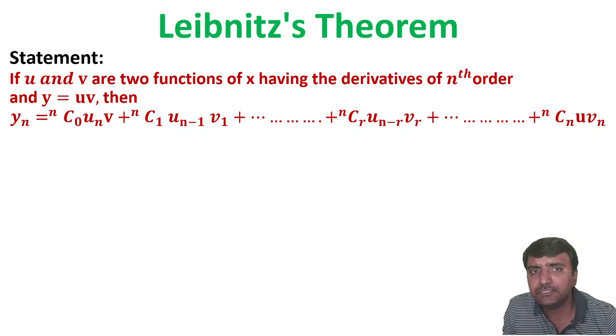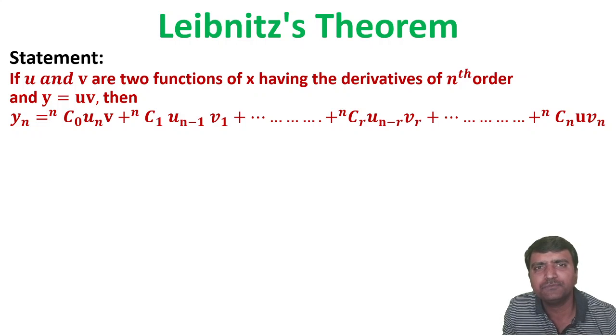After that we assume that the result is true for n equal to m. By assuming that, we prove that the result is true for n equal to m plus 1. If the result is true for n equal to m plus 1, then we conclude that the result is true for any value n.